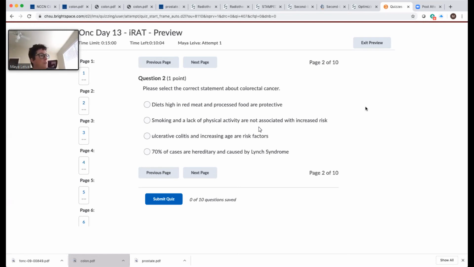And then smoking and a lack of physical activity are not associated with increased risk. That's also categorically false. We know that smoking, a lack of physical activity, significant alcohol consumption, diets high in red meat, high fat. Remember I talked about diets that are high in very fatty cheeses too, that there was some concern.